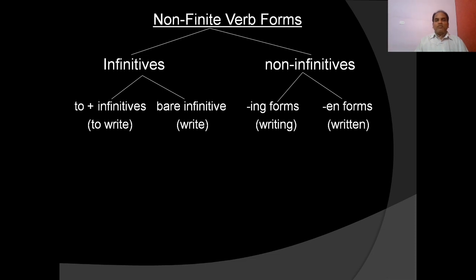And non-infinitives are of two types, -ing forms and -en forms. -ing forms mean the present participle, as writing, reading, playing, like these. And -en forms are the third form of the verb, or past participle, that is written, read, caught, like this. These are the examples.